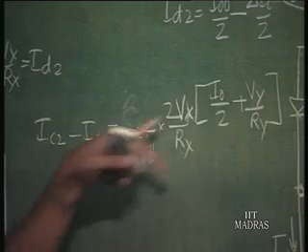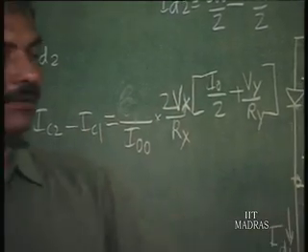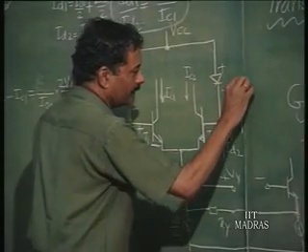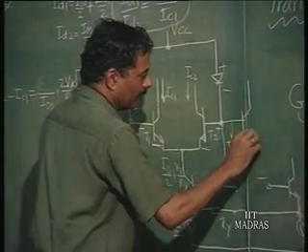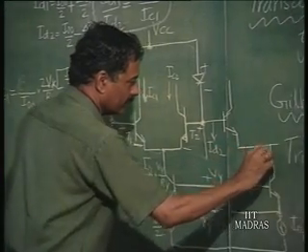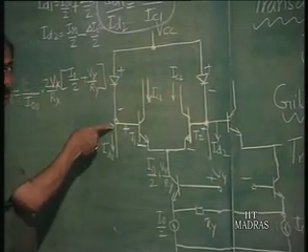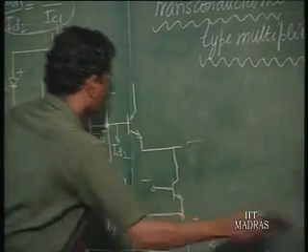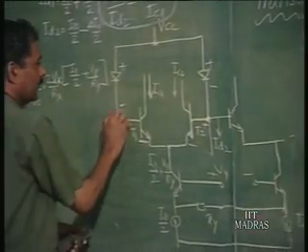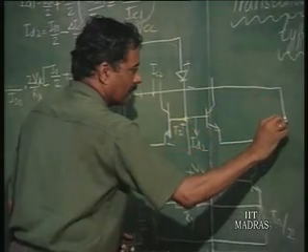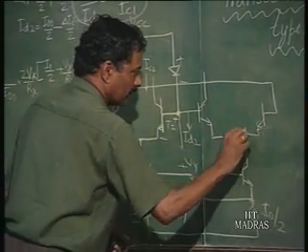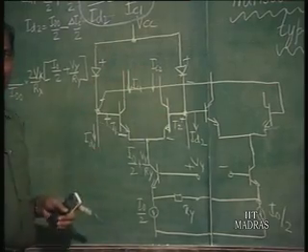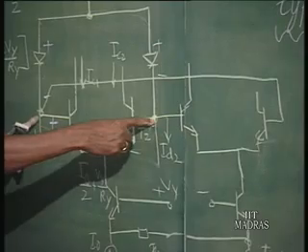In this differential output current, you have this. What to do with that? That can be applied to another one which is also connected to the same pair, a similar pair like this. This same input can be given to another pair like this. So, this is going to be taken here, and that means this is also going to have similar ratios for the current, because the same input is being given.